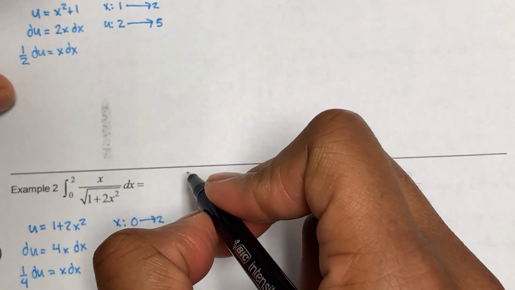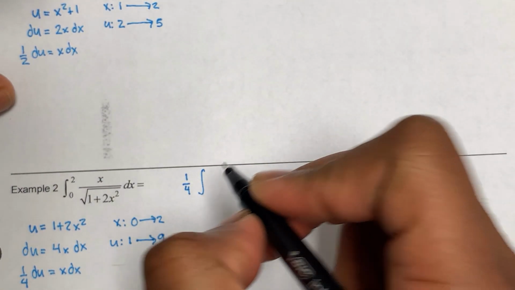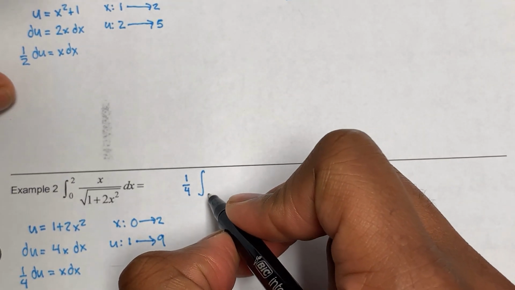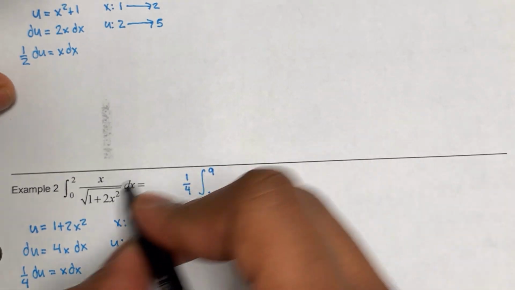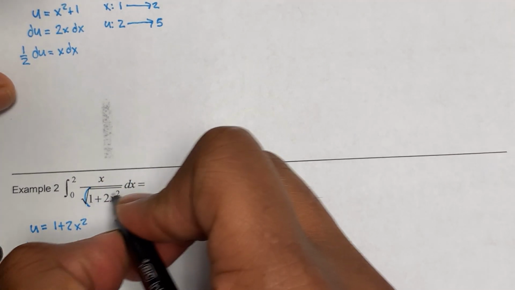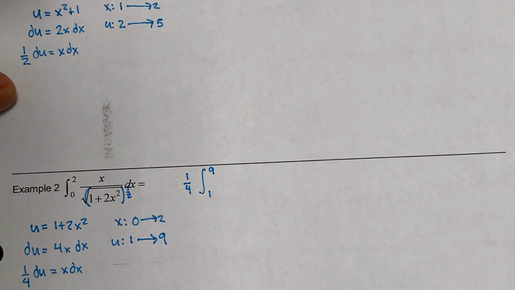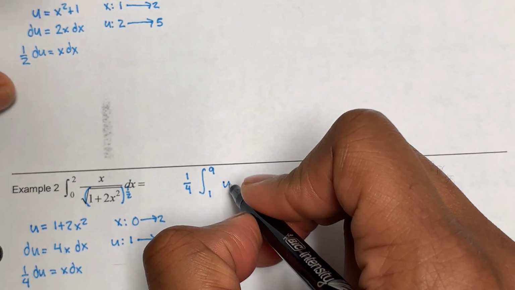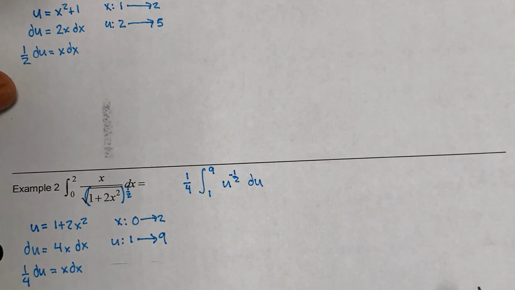So we can rewrite this as 1/4 the integral from 1 to 9 of u to the negative 1/2, because I will rewrite this. That's a 1/2 on the bottom, right? When we move it up, it's going to be u to the negative 1/2 du.